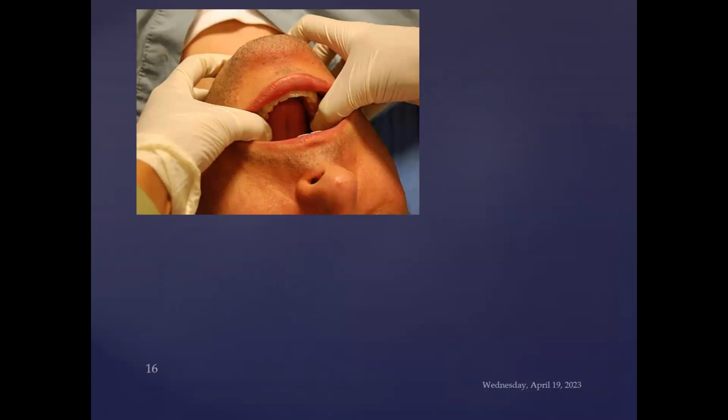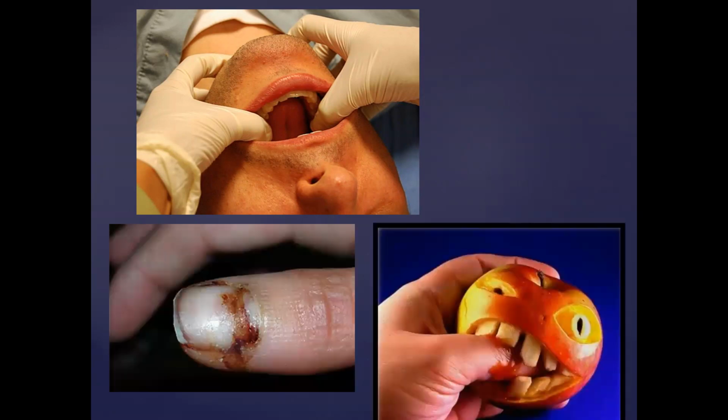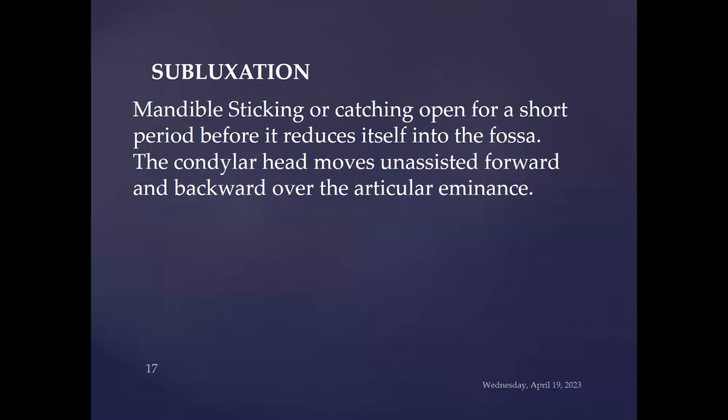Another view. If you don't wrap your fingers, the patient may bite onto the operator's fingers. So definitely you have to wear a glove and cover it with a good amount of gauze, so that while reducing you won't get bitten.